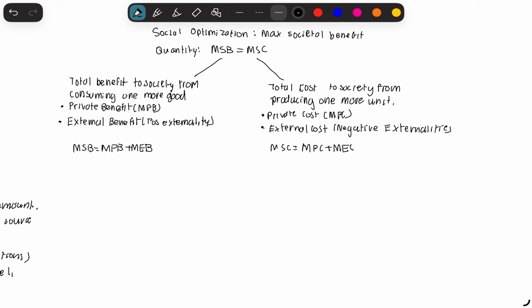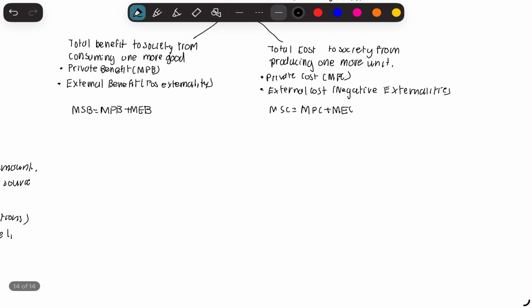Now, your negative externalities are similar to your positive externalities in that negative externalities is a type of externality, which means that a third party is going to have a cost incurred on it, resulting in the production or the consumption of the goods, leading to market failure, where too much is produced.